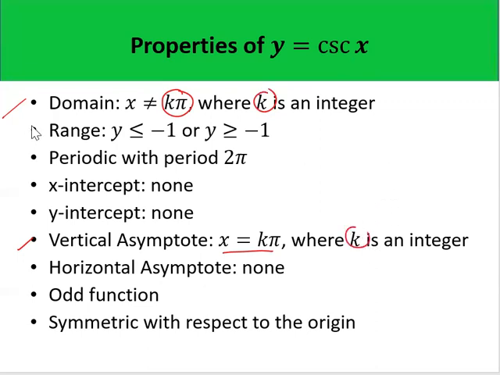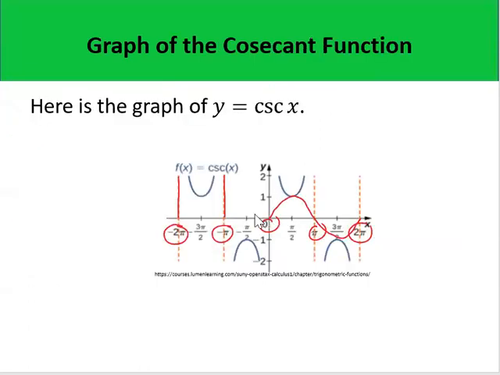So just like the secant function, its range is y is less than or equal to -1, or y is greater than or equal to +1. And it's periodic with period 2 pi, and it doesn't have any intercepts. So if we go back here, there's no x-intercept, there's also no y-intercept.